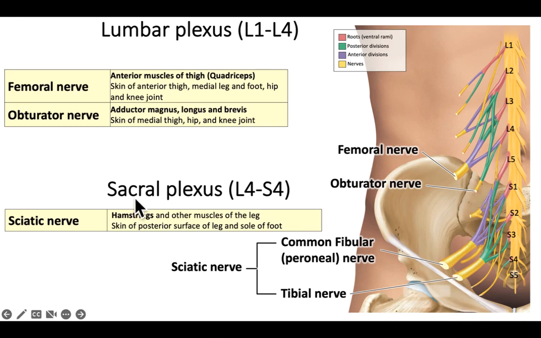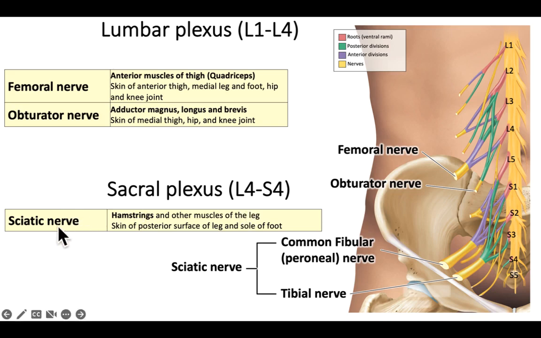The sacral plexus has a number of nerves. The most important one and the largest nerve of the body is called the sciatic nerve. And the sciatic nerve is actually two nerves that happen to be packaged together. This drawing doesn't really show that, but when we look at the next image, we're going to see these two nerves are held together as one nerve, and then they split apart from one another down towards the knee.